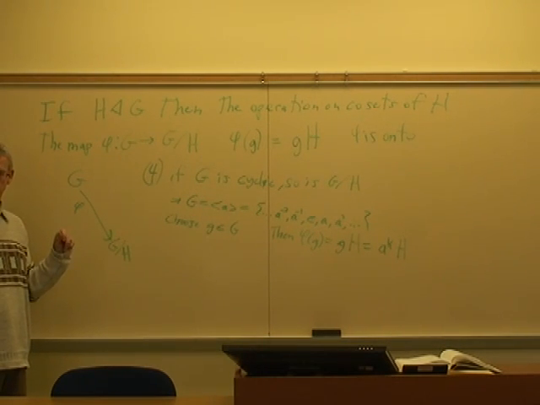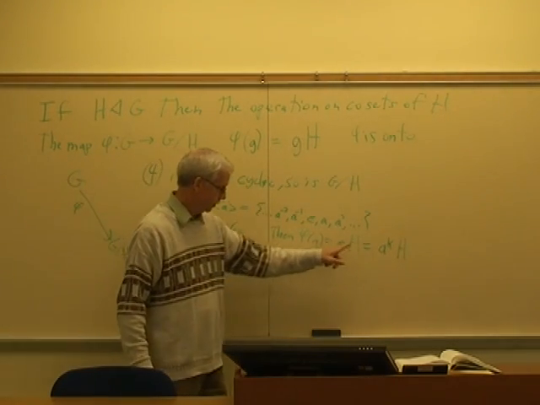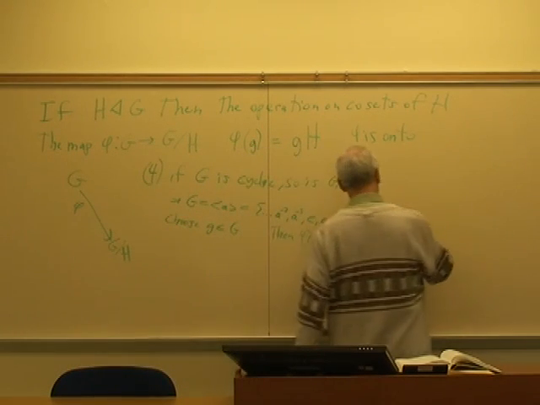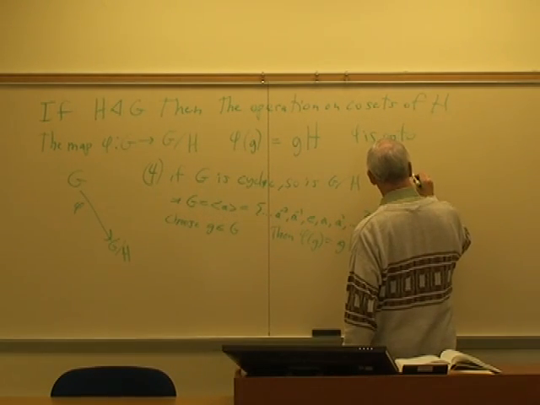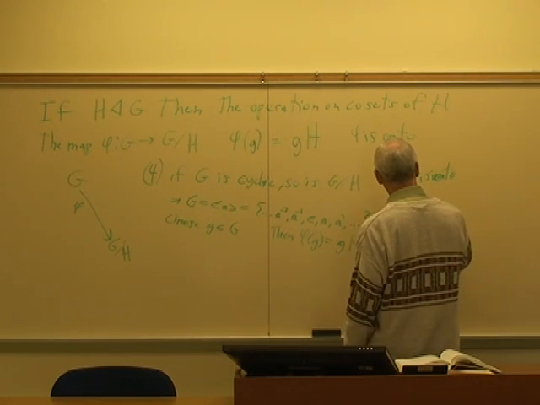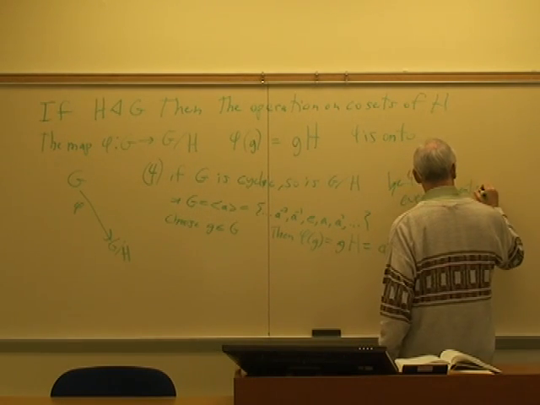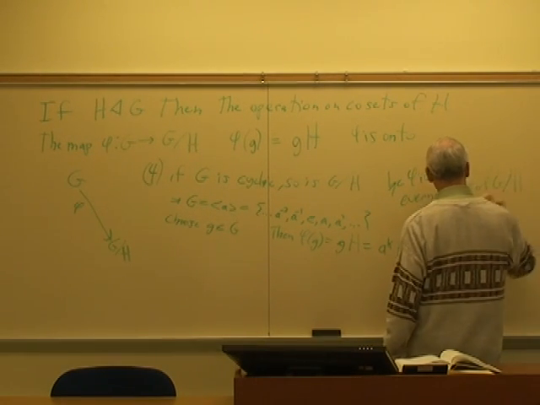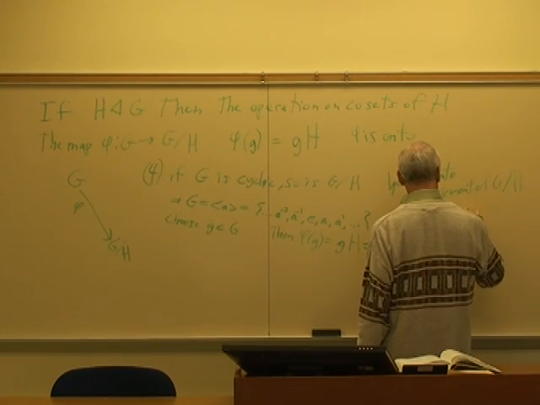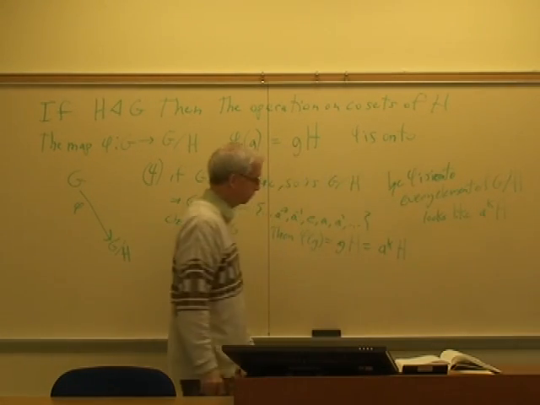As a function? Onto. Which means, because phi is onto, I can write every element of G mod H as a^k H for some integer k.